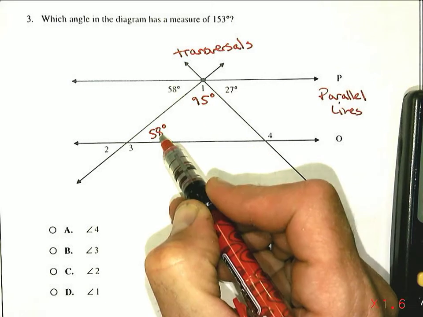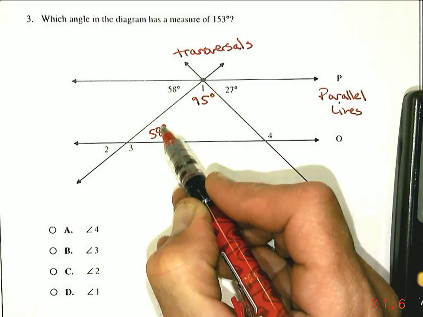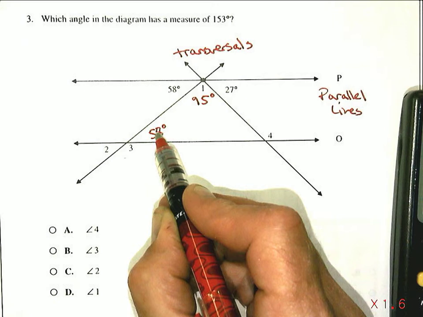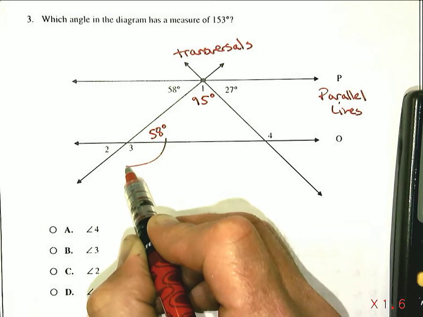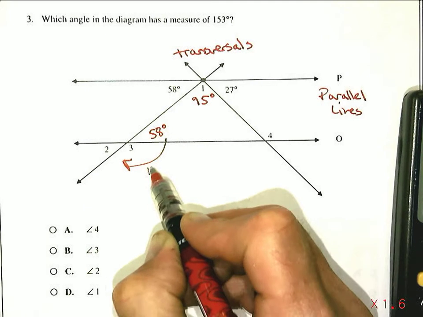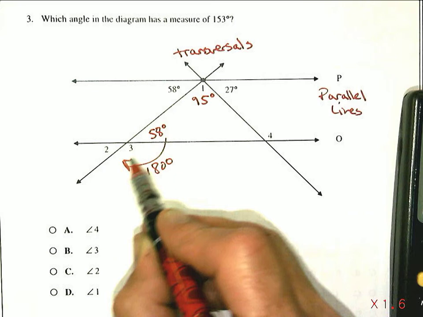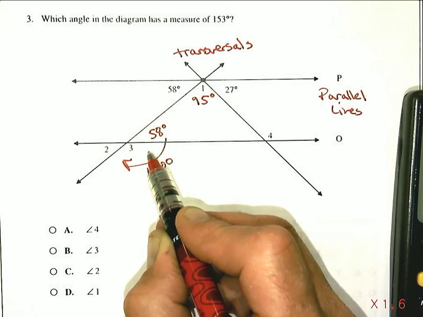Now again, we found this angle, which is 58, which is an alternate interior angle, but then it also gives me the measure of angle number 3, which together these two have to make a straight line, which is 180 degrees. And so I can find angle number 3, which looks like a pretty big angle. Maybe that's the one I'm looking for.